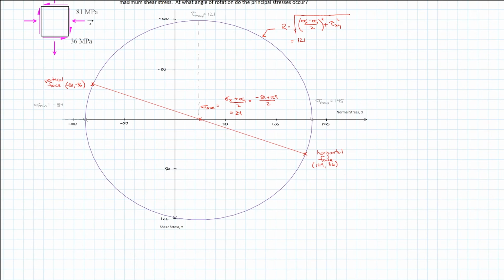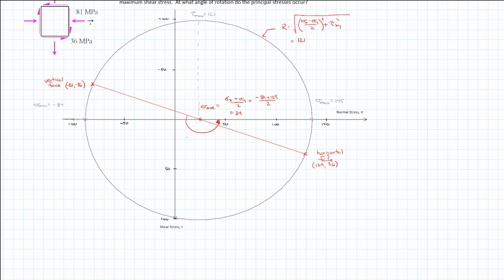And that's our two principal stresses, which leaves us the last question, which was what is the angle at which the principal plane occurs? And so that angle, if I were to show it graphically, is the rotation through here from where the vertical face rotates around to be the sigma max.